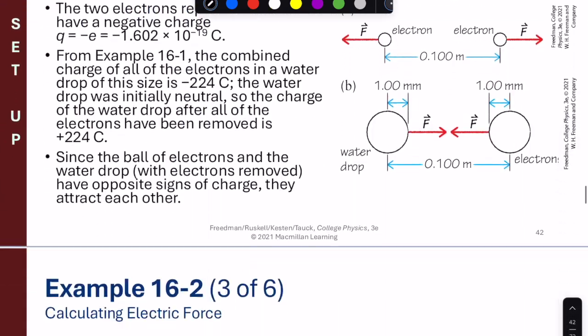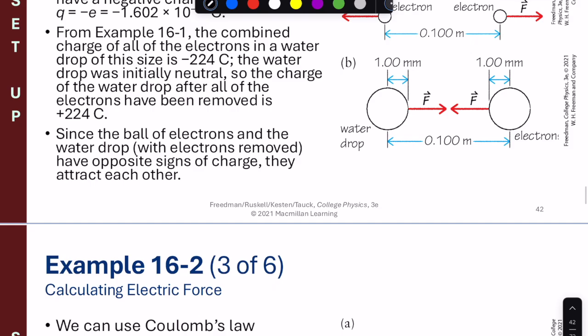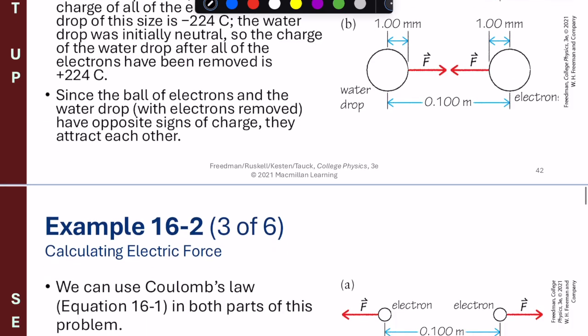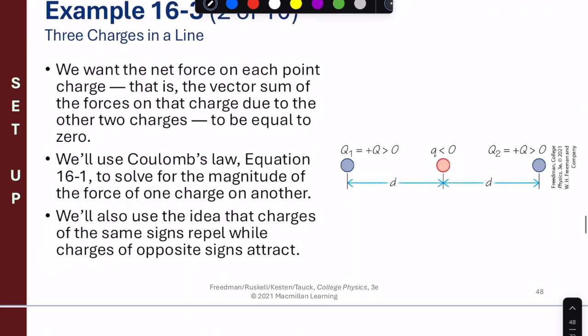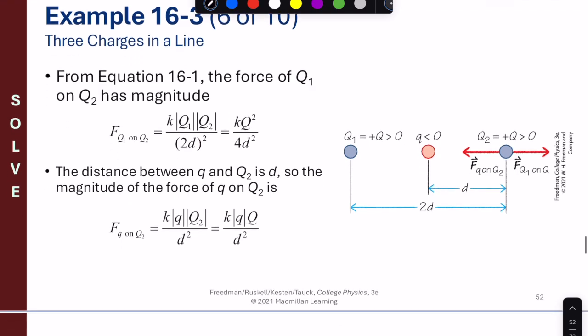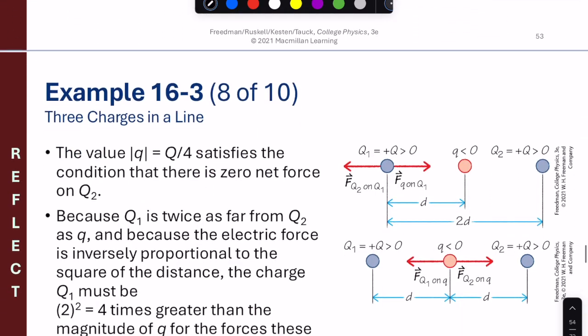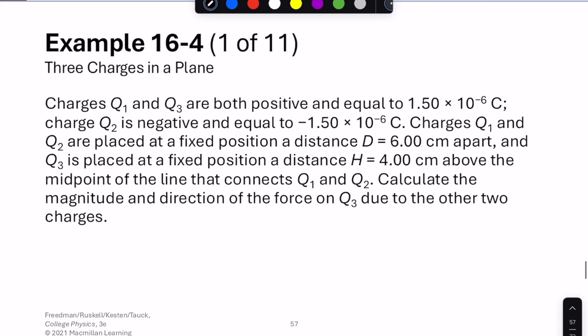I want you to do that one, and you can watch the video, and these slides have them all fully explained. I want you to do that for 16.2 and 16.3. And then the next example, 16.4, is also, all three of these are in the chapter 16 modules.